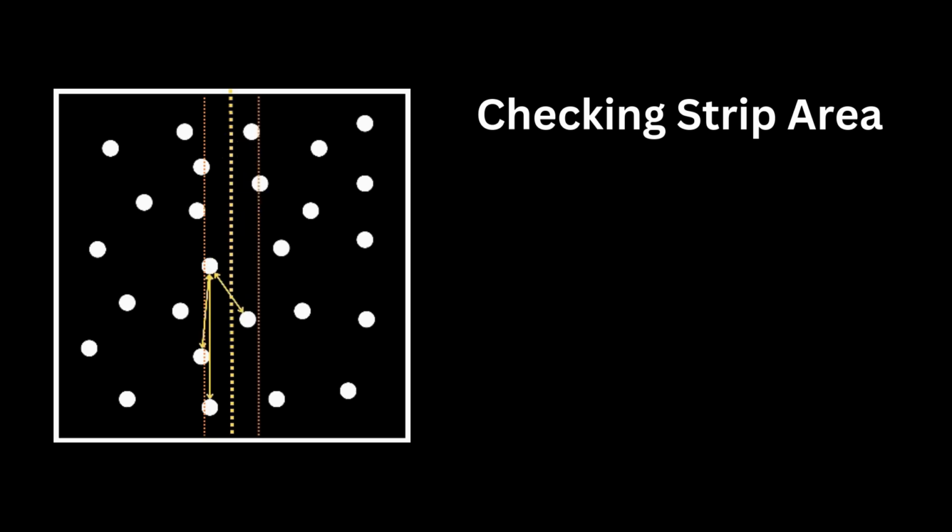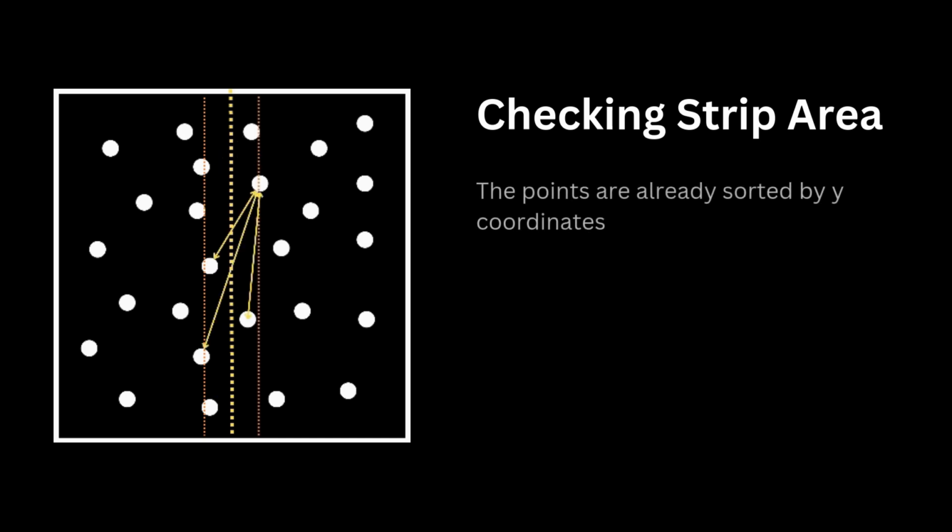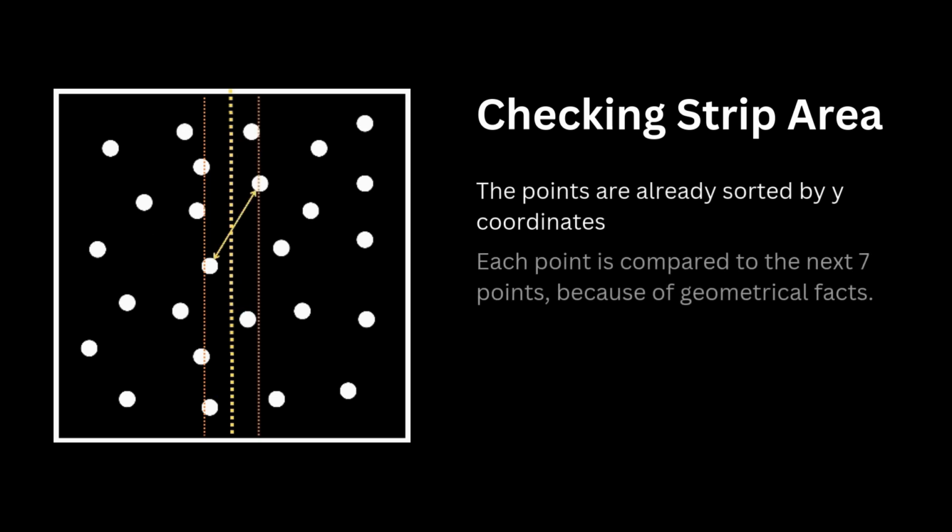While this step might seem tricky, it's easier because the points are sorted by their y-coordinates. We only need to compare each point to 7 points, because points that are farther apart vertically are unlikely to be the closest pair. By doing this, we efficiently update the closest pair if we find a smaller distance. This check also runs in O(n) time.